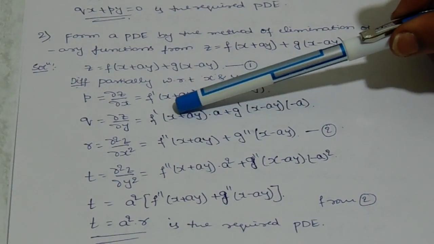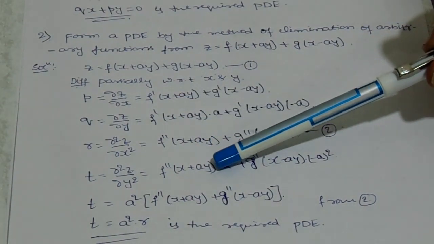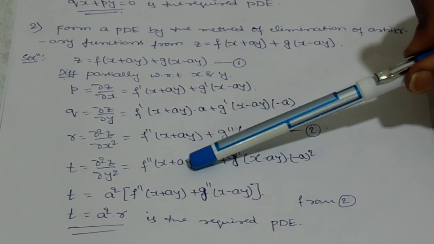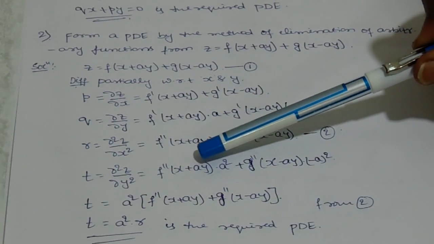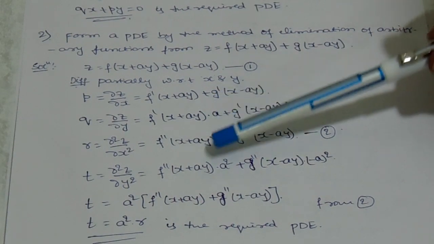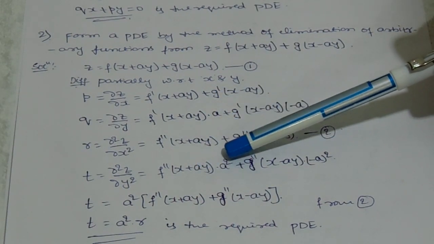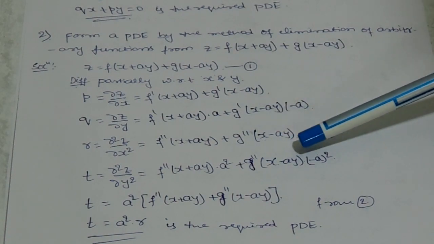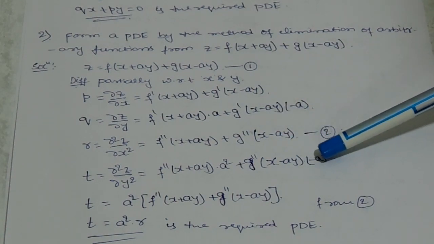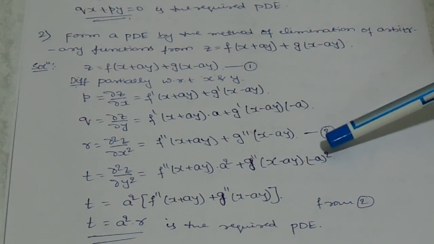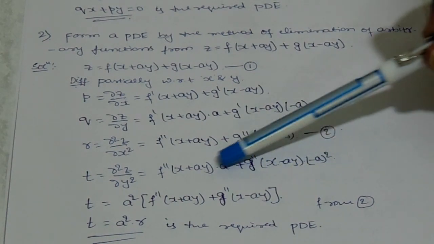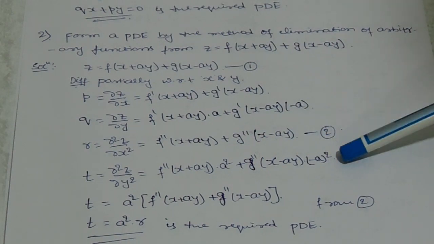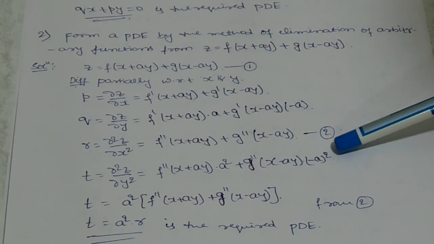This is f double dash of x plus ay into the differentiation of x plus ay with respect to y. Already one a is there, again you are left with one more, that becomes a square. Similarly, g double dash of x minus ay into minus a, that is minus a whole square. If you simplify, minus a whole square becomes plus a square.